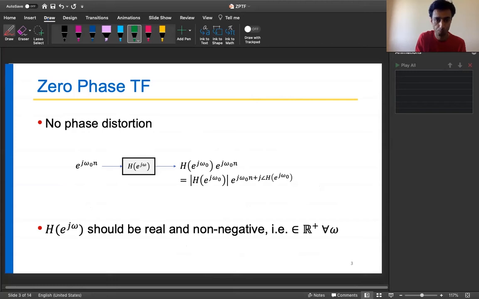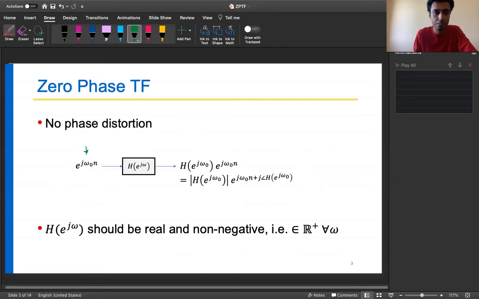We have a transfer function H(e^{j omega}), right? And if you pass a pure sinusoid or a pure frequency omega naught to this function, what you see here is H(e^{j omega naught}) gets multiplied.